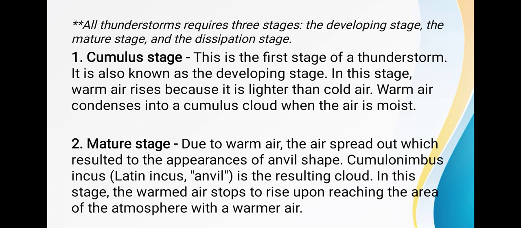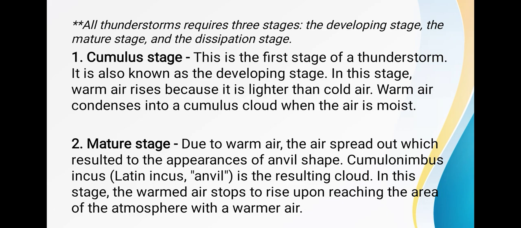Number two, or the second stage, is the mature stage. Due to warm air, this air spreads out, which results in the appearance of an anvil shape. Cumulonimbus incus, or in Latin, anvil, is the resulting cloud.